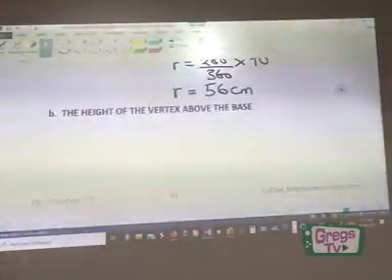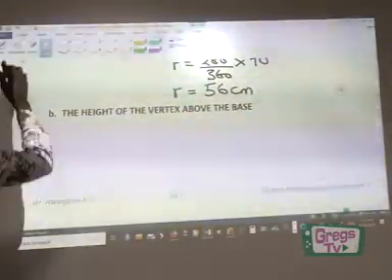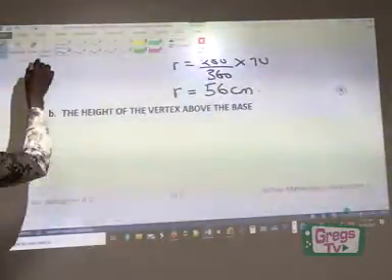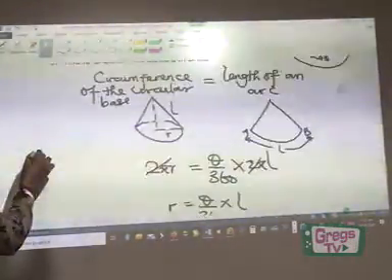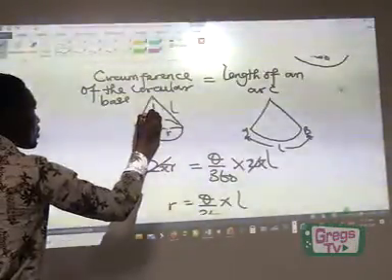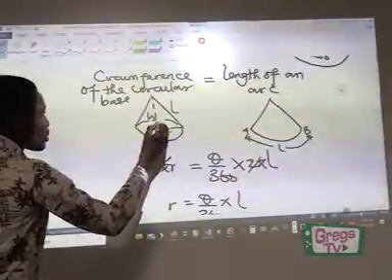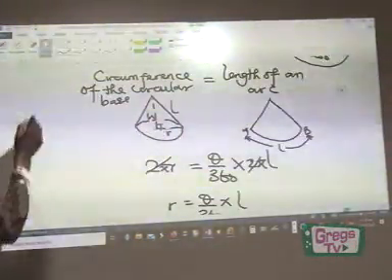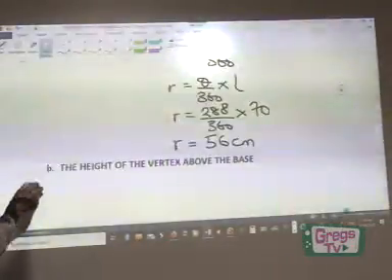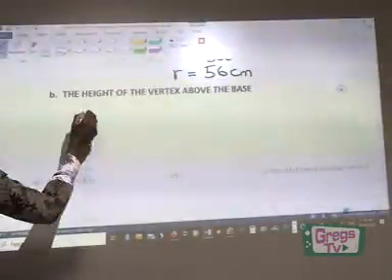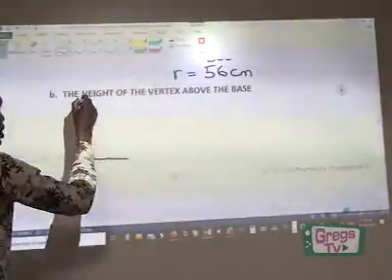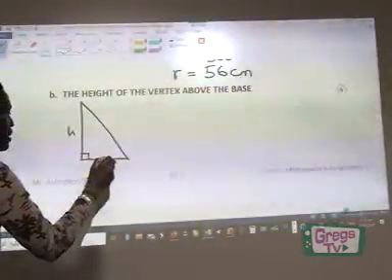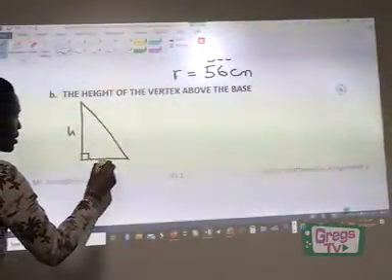Now let's see, the height of the vertex above the base. Now don't forget that this is the cone. We actually want to calculate this height. And if I'm calculating this side, this will form an angle of 90 degrees. So if I want to make a sketch of that diagram somewhere here, I'm going to be having a right angle triangle with height h, where the base radius is what? 56 centimeters.